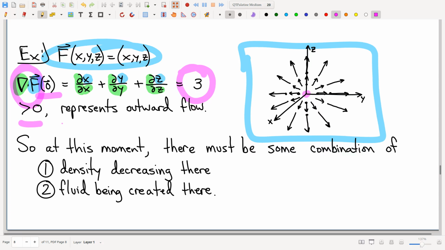So this positive value 3 is how divergence communicates to us in this scenario that the fluid is, as you see in the picture, flowing outward away from that point. Is that cool? Again, this doesn't prove anything, but this is what I mean when I say divergence indicates an outward flow, kind of like this.